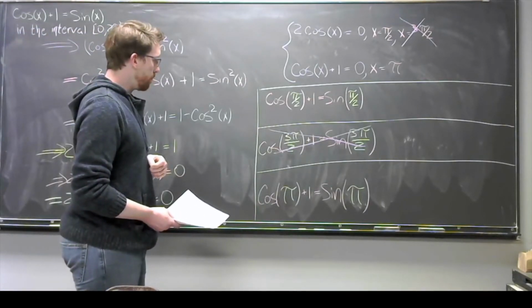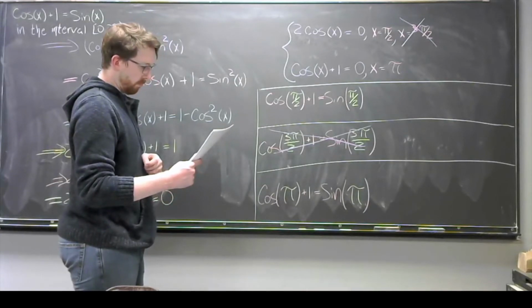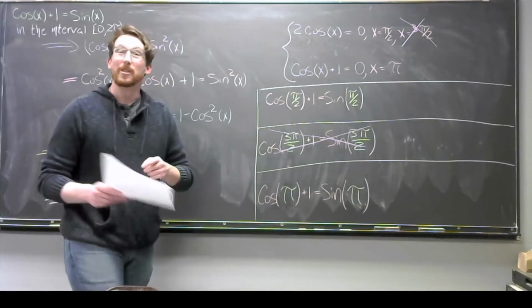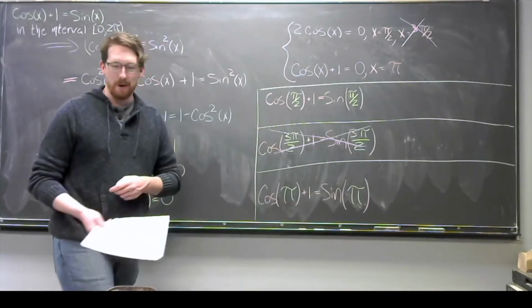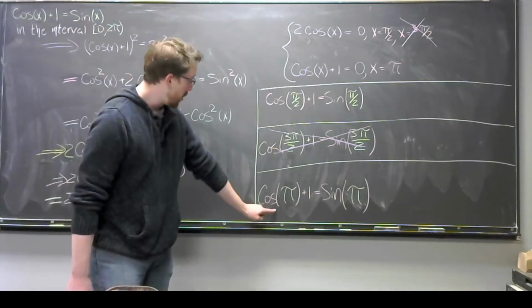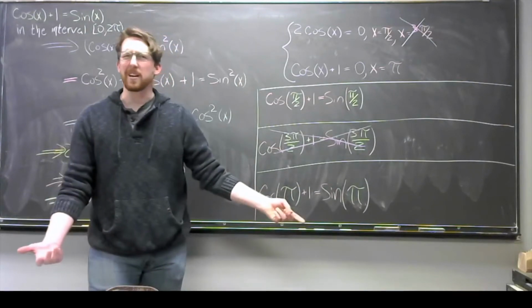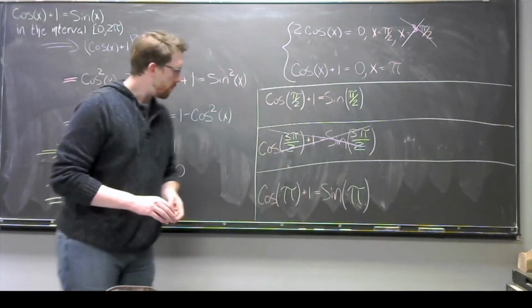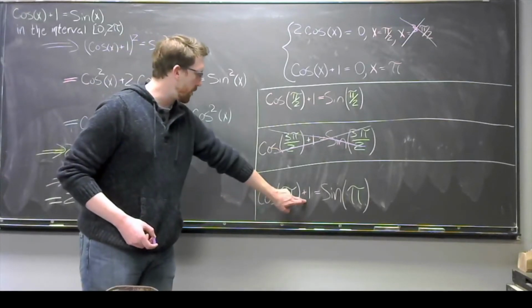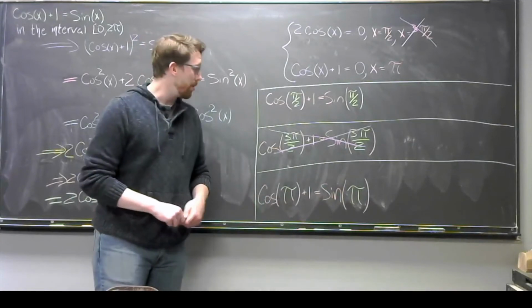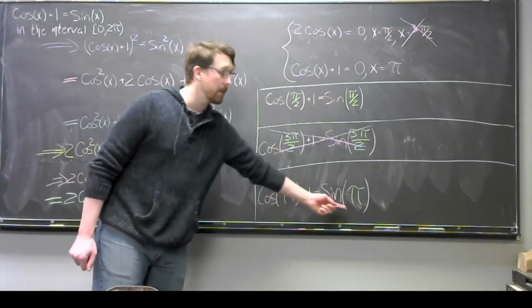Sorry, I was just checking my work and thought I made a mistake for a second. So from here, cosine of pi, well, this is negative 1, right? That's on the far left side of your circle. Negative 1 plus 1 is 0, and sine of pi is 0. So this checks out because this gives you 0 is equal to 0.